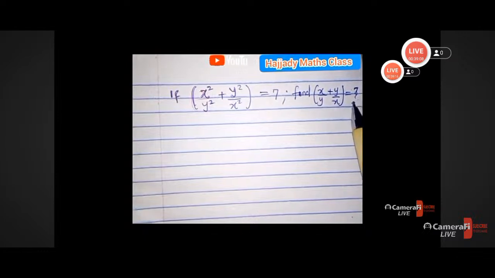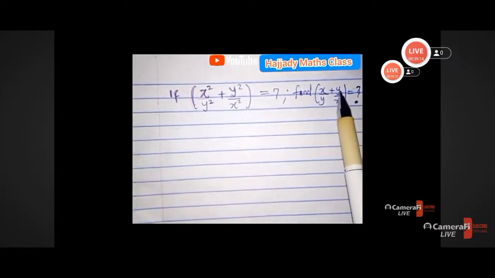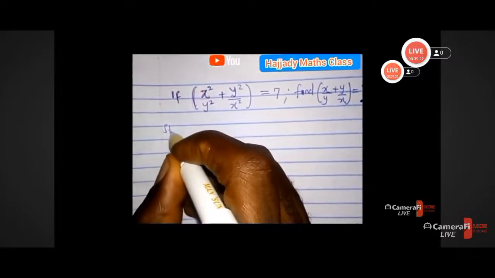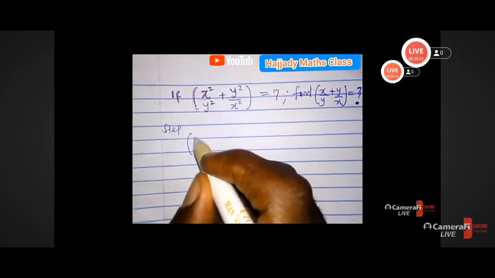This is unknown. Now looking at this, we are going to see that this is a quadratic equation, while this is a linear equation. So solving this, we should know that the first step in doing this is that this can be expressed in this form.